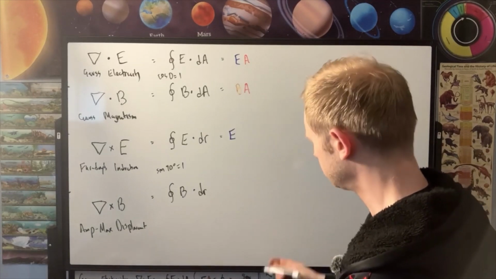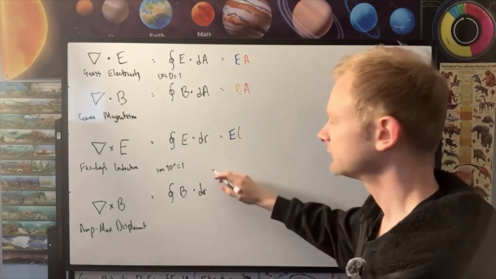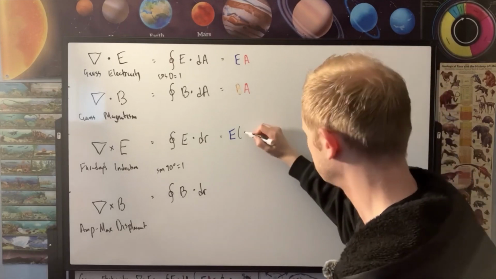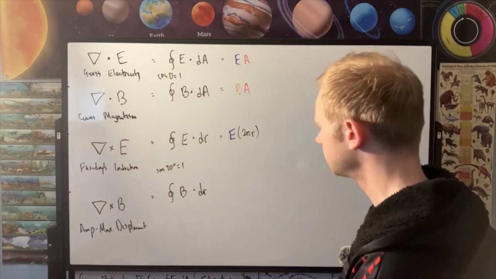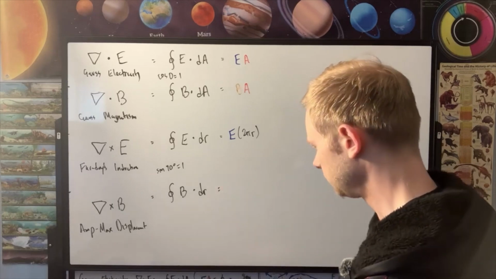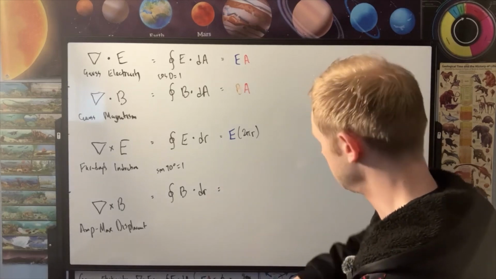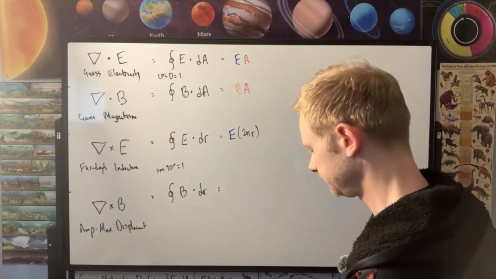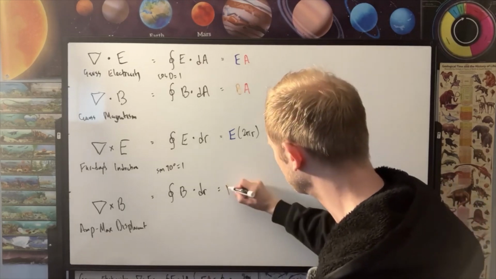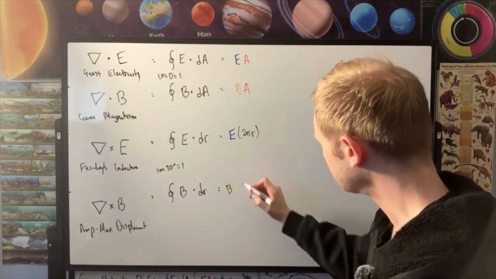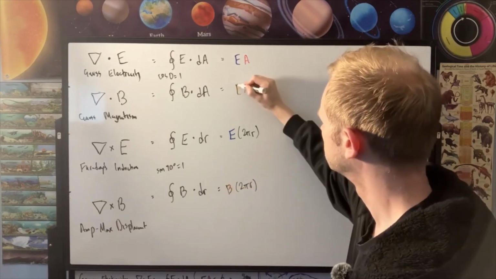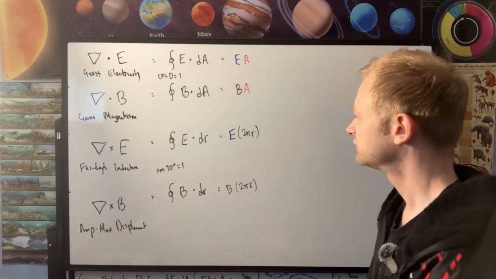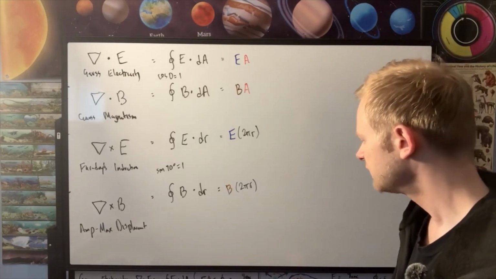And this is going to be multiplied by not an area, but rather a circumference, a line. So 2 pi r would be lengths of loops, for example. And in this case, we would be taking the magnetic field, which is the B, and we'll multiply that by 2 pi r. So this is essentially what these things are trying to say.